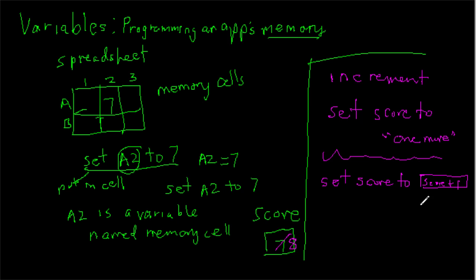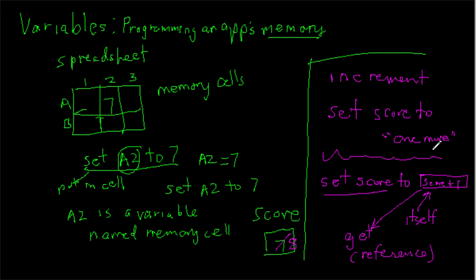So you say I want to set score to itself plus 1 more. Here we're setting score, but this reference here is called a get, and it's a reference to a memory cell.